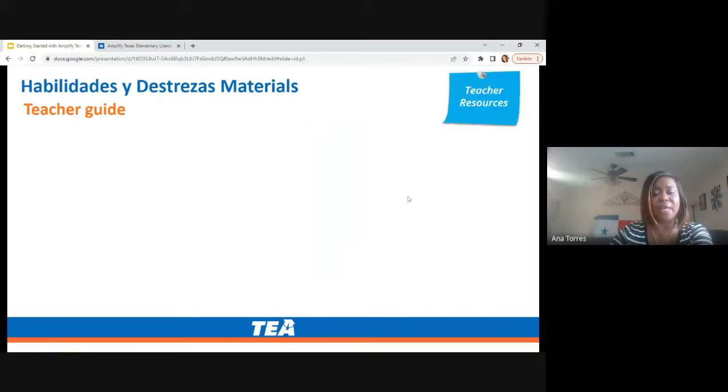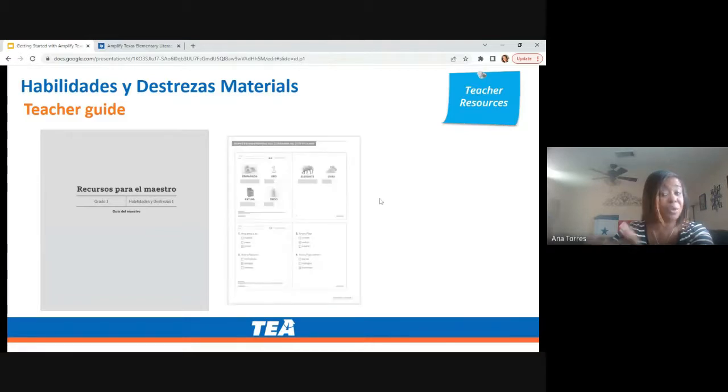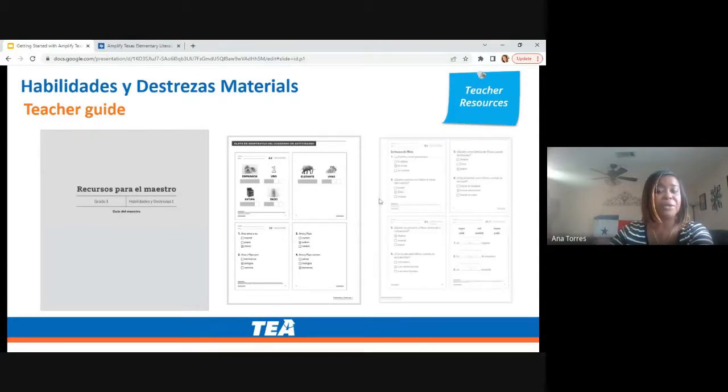And then finally, the teacher resources section, which is located towards the end of your teacher's guide. Recursos para el maestro. So in the teacher's resources section, what you're going to find is resources to help you teach the unit. It includes answer keys, unit activity book pages, games, assorted forms and documents to monitor and track students' progress, and more.